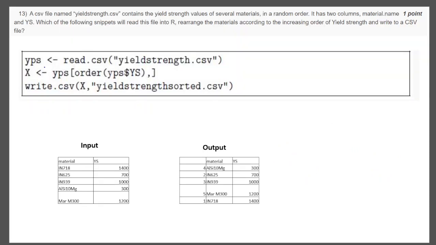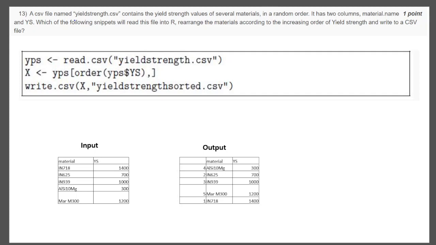So the final one: they have a CSV file, yield strength.csv, which contains yield strength values of several materials in random order. It has two columns, material name and yield strength. Which of the following snippets will read this file into R, rearrange the materials according to the increasing order of yield strength, and write it to a CSV file?